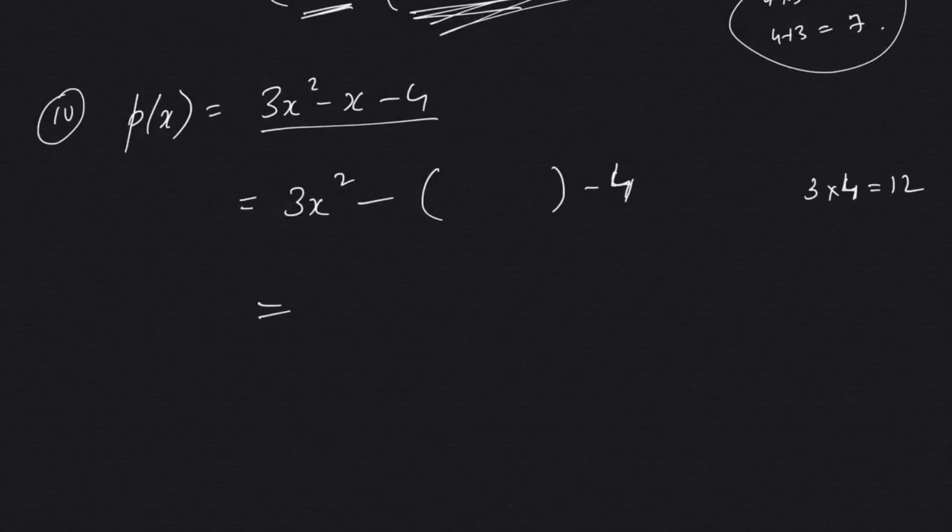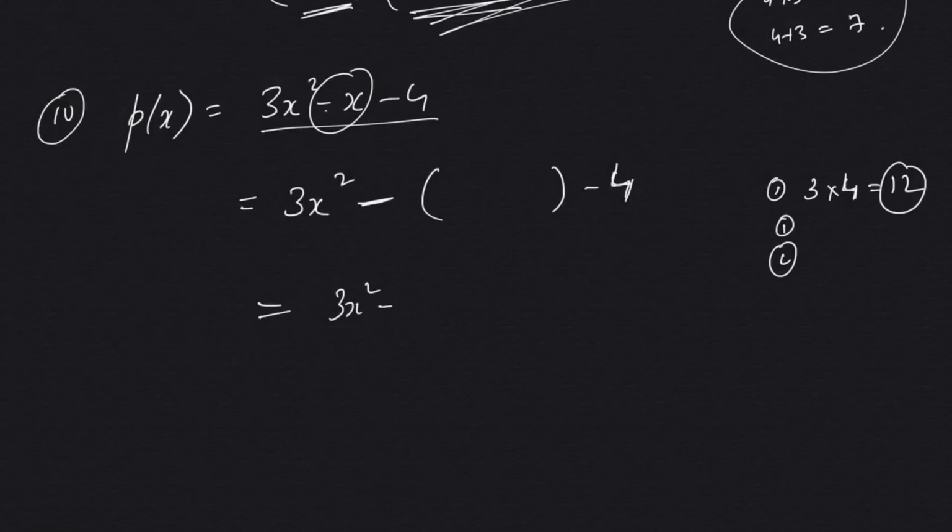So 3 fours are 12. Again, let's try to find the factors of 12 such that we get our middle term, that is 1, which means 1x.